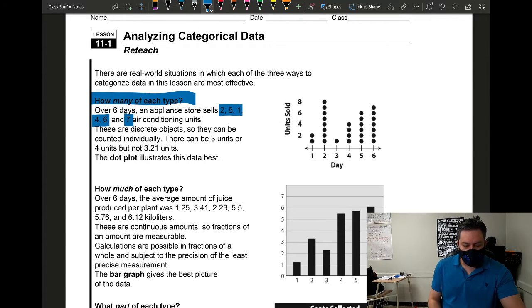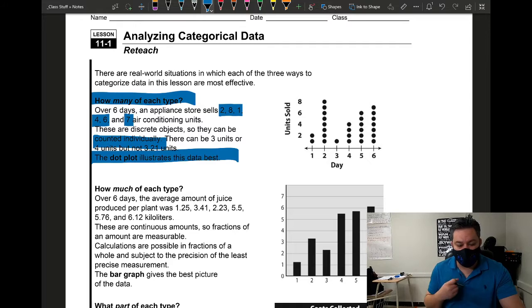These are discrete objects, so they can be counted individually. There can be 3 units or 4 units, but there cannot be 3.21 units, okay? You can only buy the whole thing. So basically, we're talking about whole numbers all the time. So the dot plot illustrates this the best.